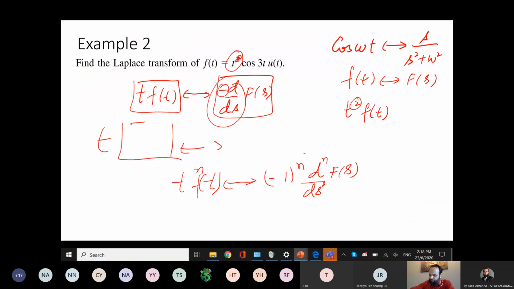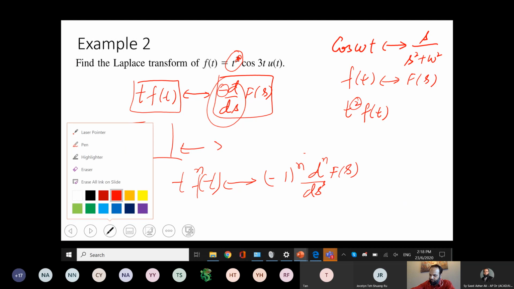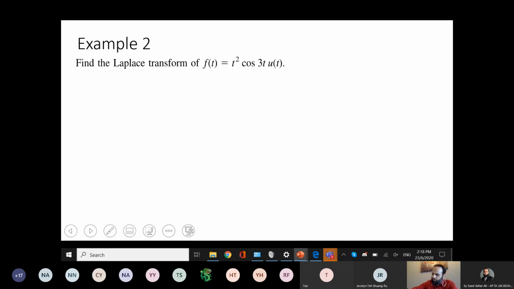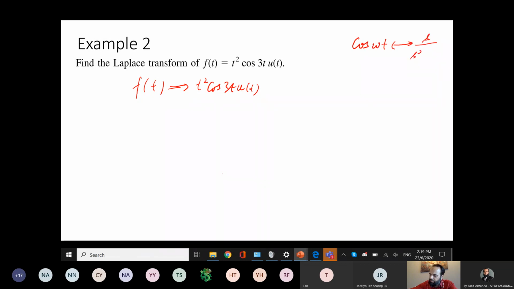So let me take out the ink from here right now. So f(t) is equal to t squared cos 3t in this one. And the one that we know is cos omega t, which is s over s squared plus omega squared. But now we have to use t to the power n.